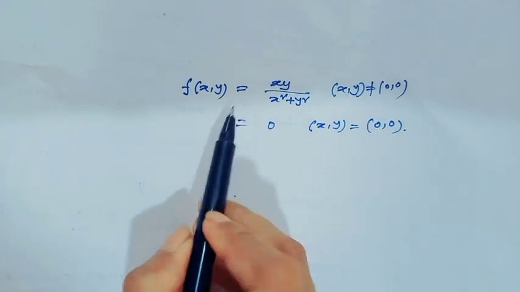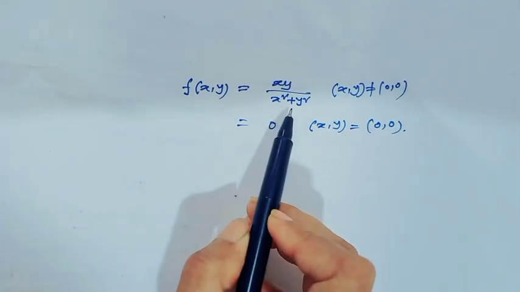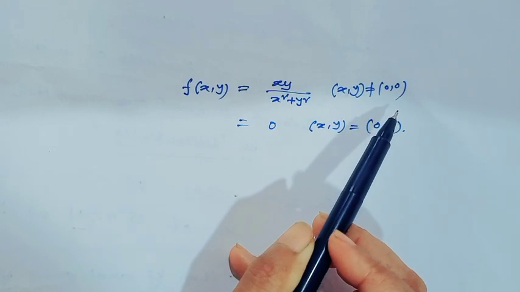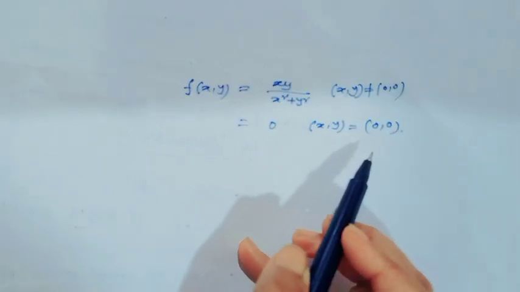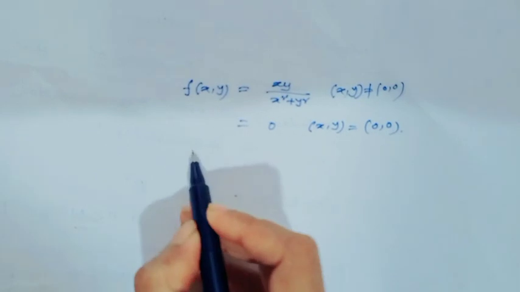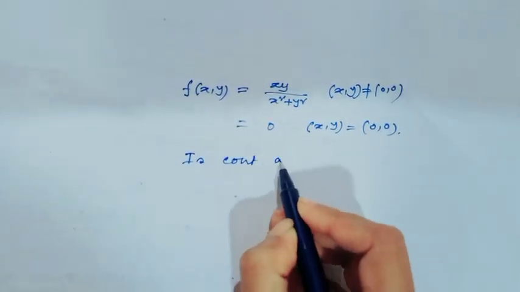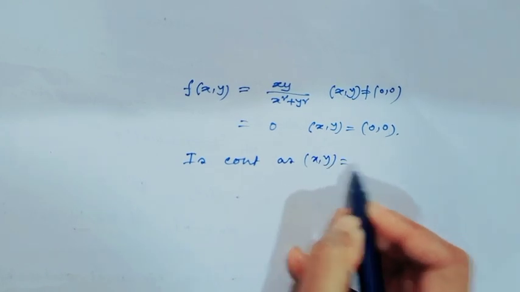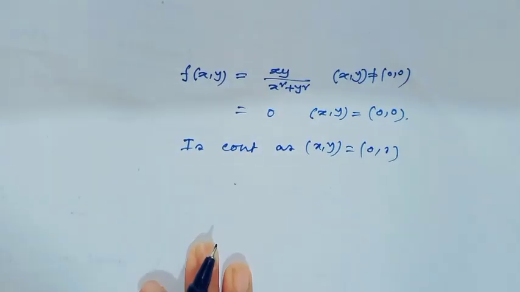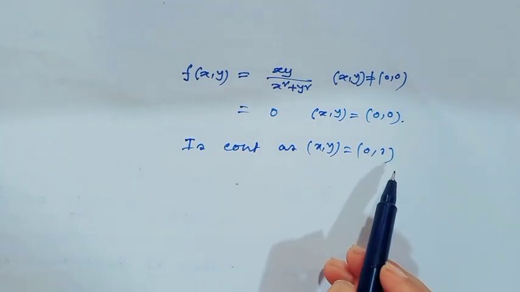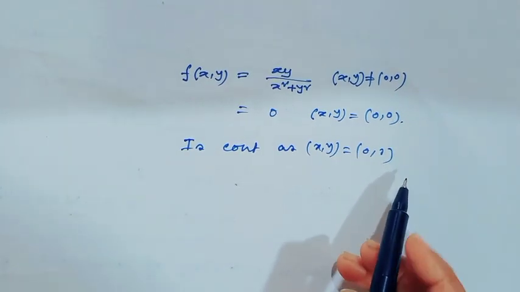Our next question: f of (x, y) equals xy over x square plus y square when (x, y) is not equal to (0, 0), and 0 when (x, y) equals (0, 0). Is this function continuous at (x, y) equals (0, 0)?